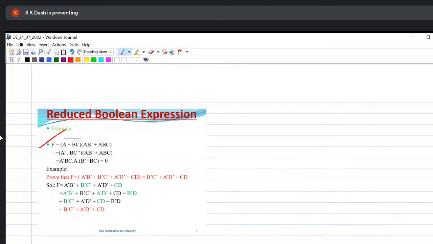Similarly, check this example. Try to solve this. The function is given as: a plus bc whole complement multiplied with ab complement plus abc complement. Let us first apply De Morgan's theorem.